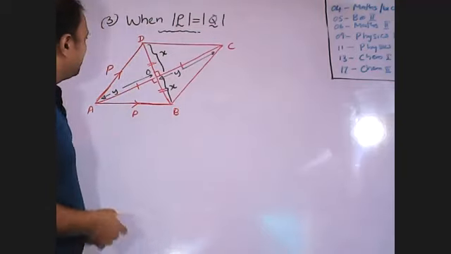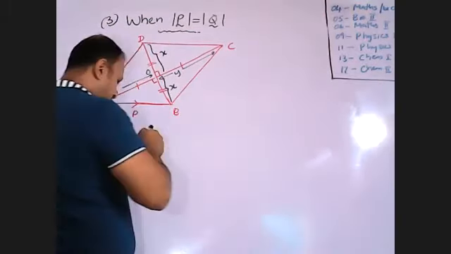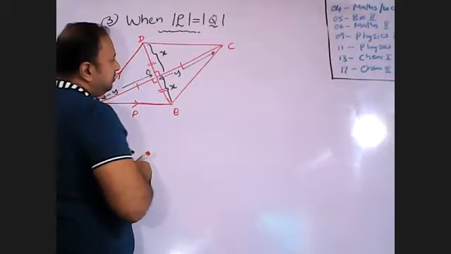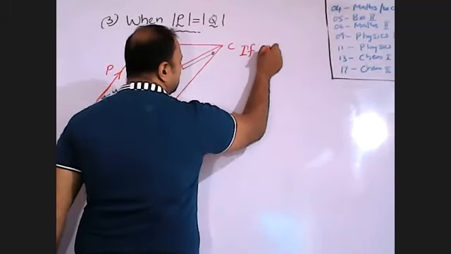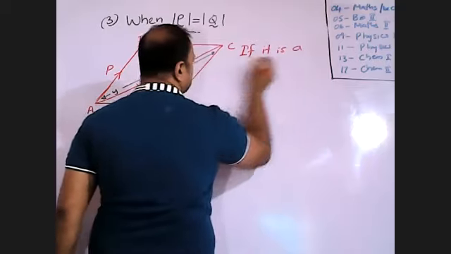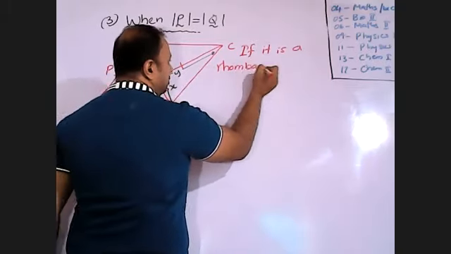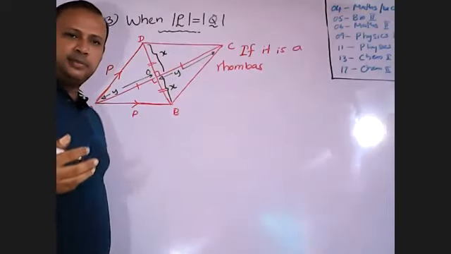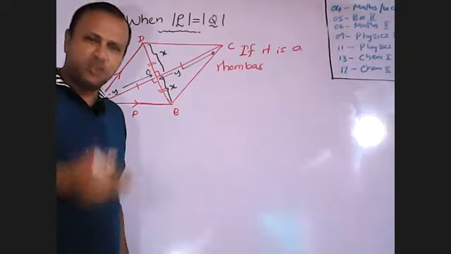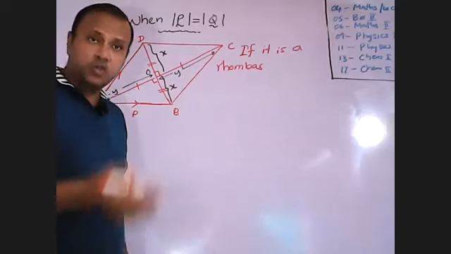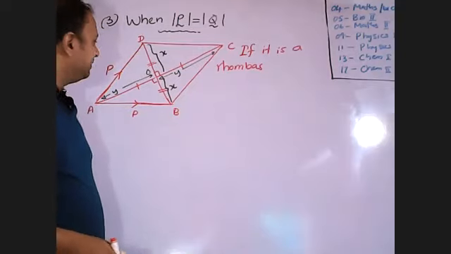Therefore, I can write, so if it is a rhombus, rhombus means either it can be this shape or it can be a square. Square is also a rhombus, but the angle is 90.